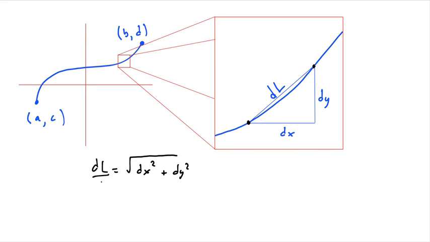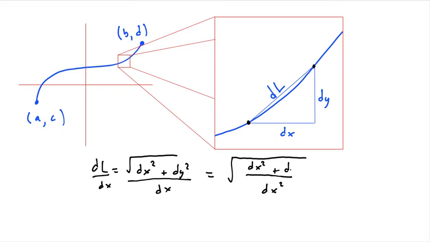Now, take this expression and divide everything by dx. This might seem a little bit strange, but we're going somewhere with this. Divide by dx, and I can bring that into the square root if I take the dx and square it. So inside the square root, the dx turns into dx squared. So we have dx squared plus dy squared over dx squared. This fraction can be split into two fractions.